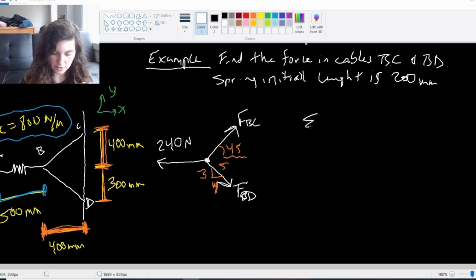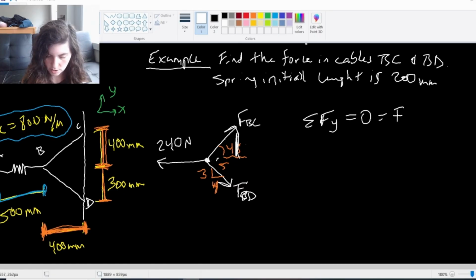So I have some in the y direction. I'll start with the y direction this time, just for fun. In the positive y direction, I have FBC times sine of 45, FBC sine 45.